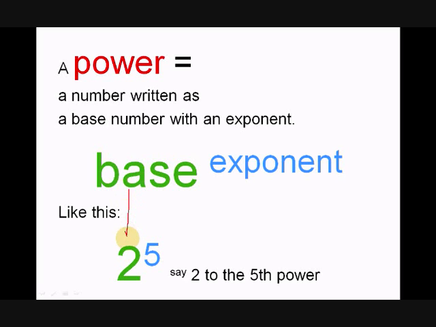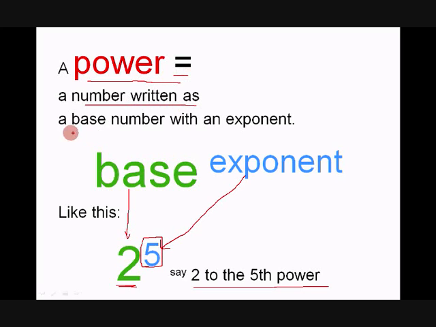Here the base represents 2. The exponent is 5, so we write it a little above the base number. We call it 2 to the 5th power, right? So a power equals a number written as a base number with an exponent.